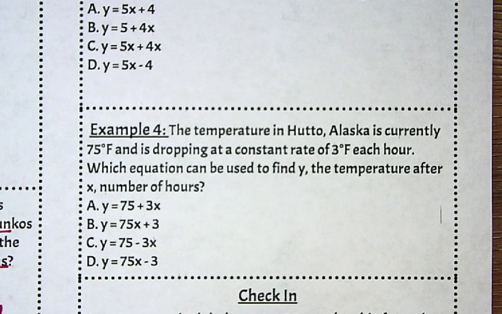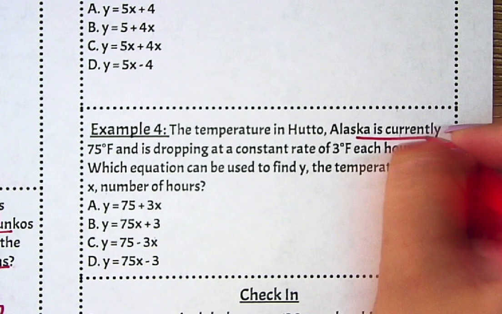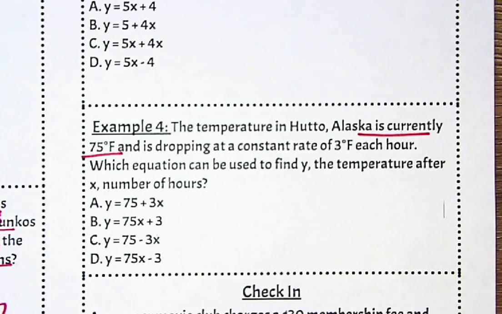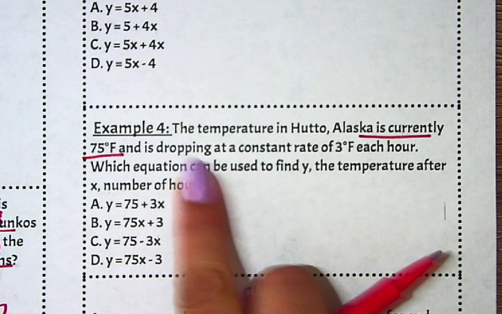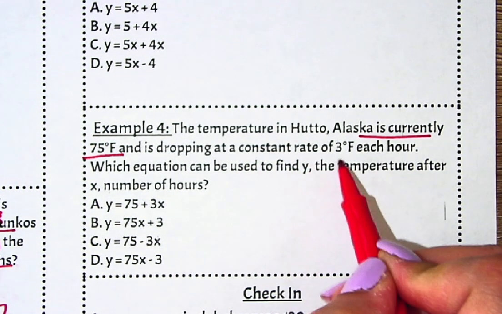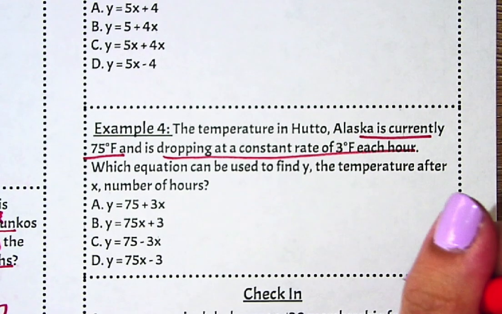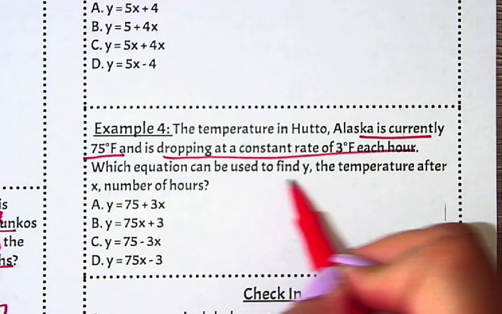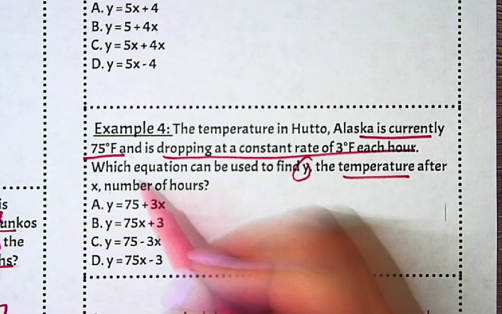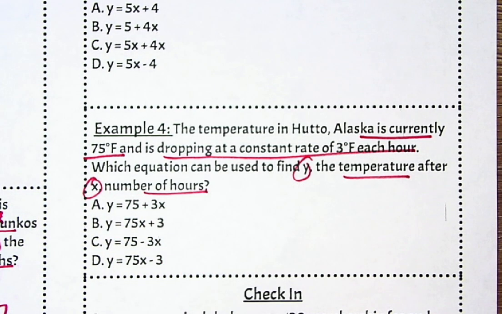Example 4 says the temperature in Hutto, Alaska is currently 75 degrees. So it's telling me where it is, okay, and is dropping at a constant rate of 3 degrees each hour. That's a lot right there. Which equation can be used to find y, the temperature, after x number of hours?